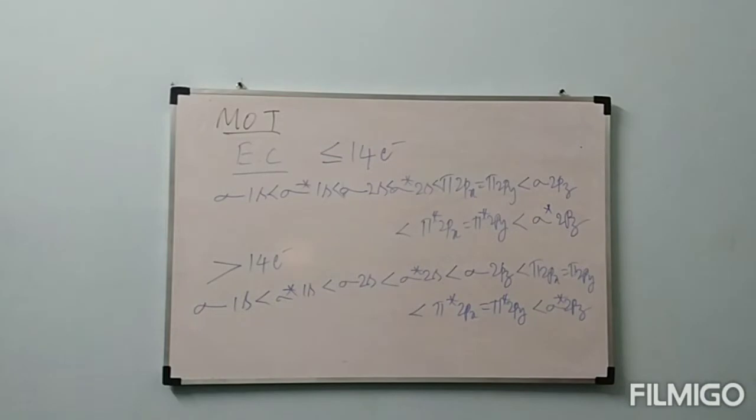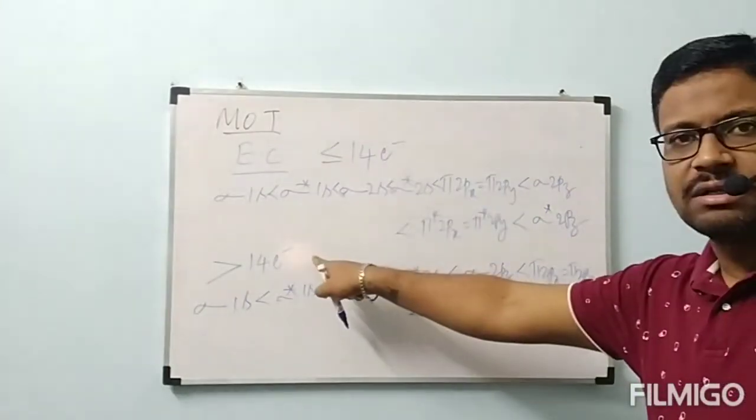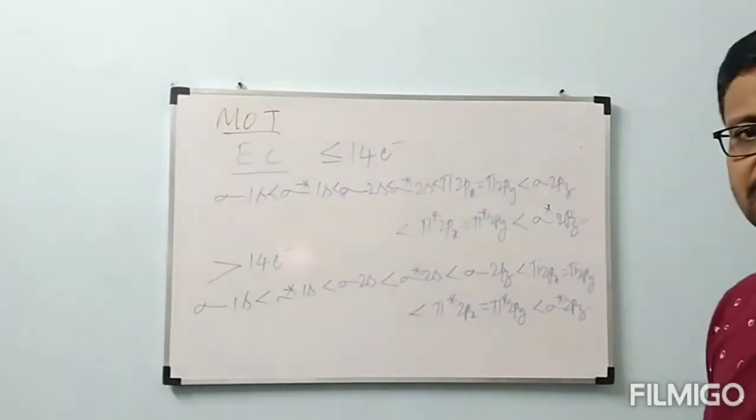So if you have any species with a total number of electrons greater than 14, we have to follow this electronic configuration.